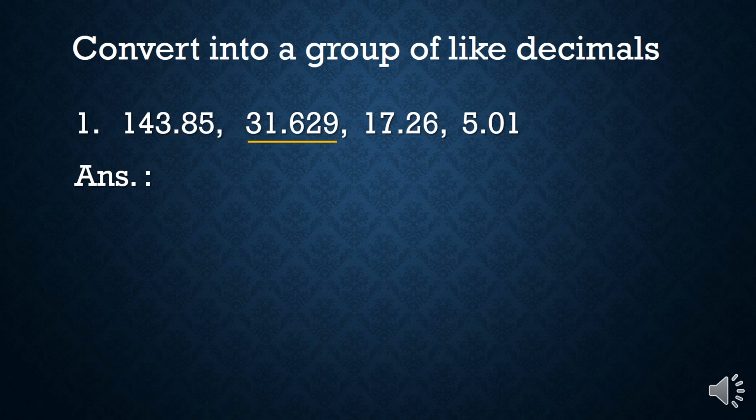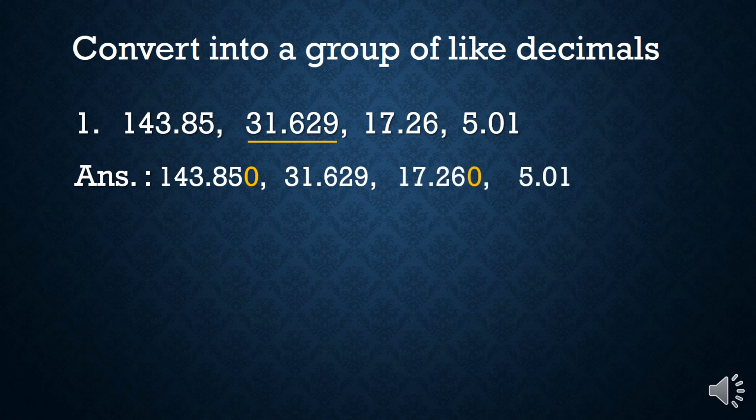And how many digits? 3 digits. So convert each decimal number into like decimals having 3 digits after the decimal point. So the answer is 143.850, 31.629, 17.260 and 5.010.